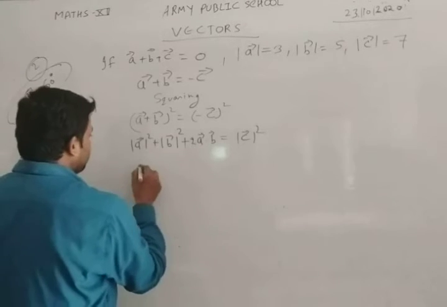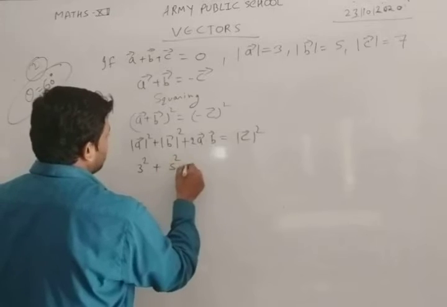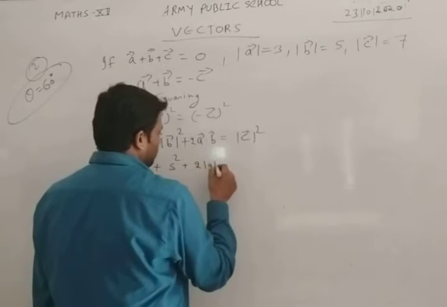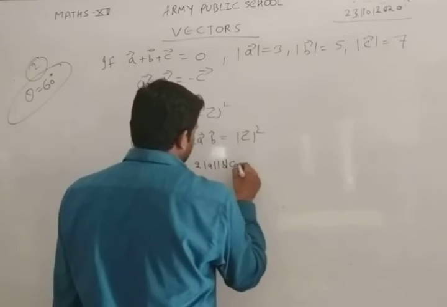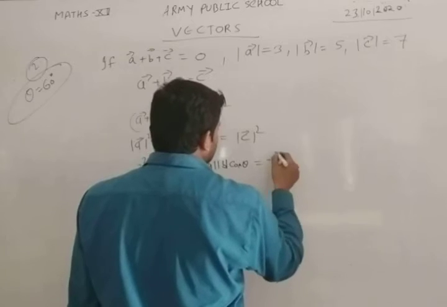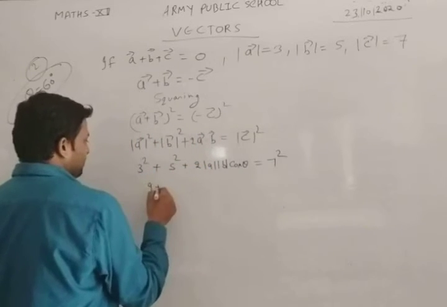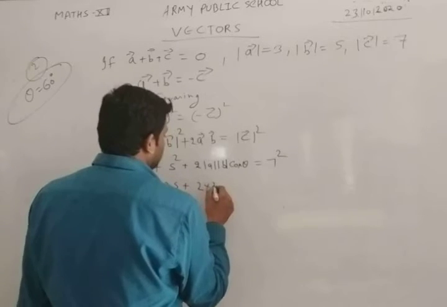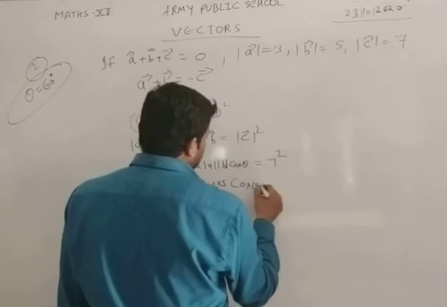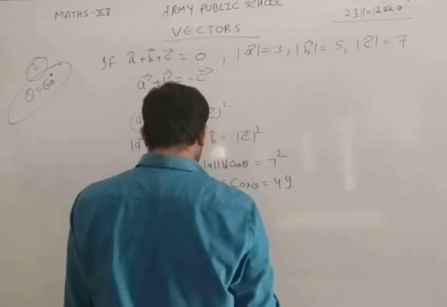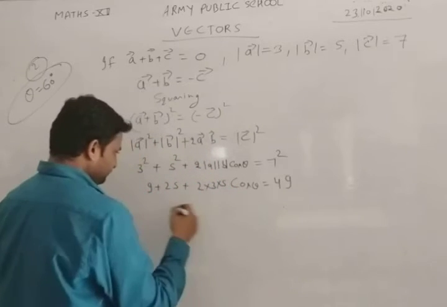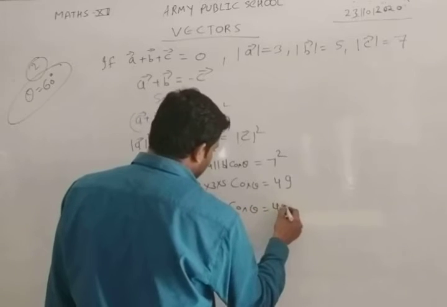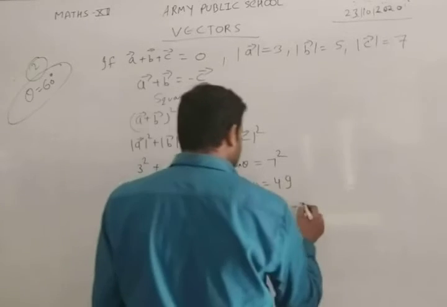So put a is 3 square, 5 square, 2. This a dot b, we can write modulus of a, modulus of b cos theta, is equal to c, 7 square. So 9 plus 25, 2 into 3 into 5 cos theta is equal to 49. 30 cos theta is equal to what? 49 minus 34.